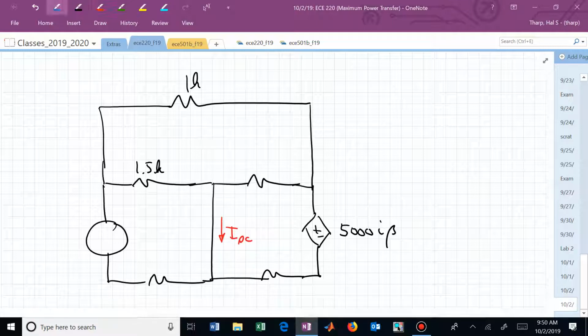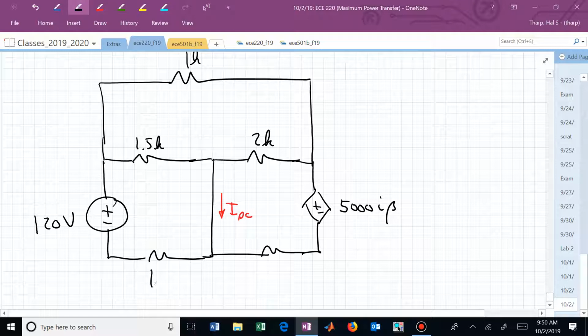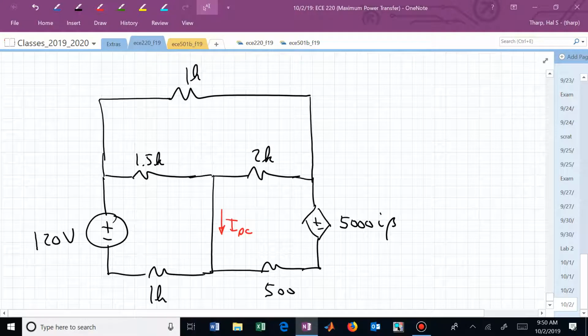We want to find that branch current. And now how are we going to find that? This is now node A and B, and we've shorted it out.